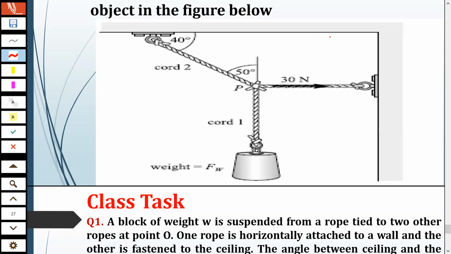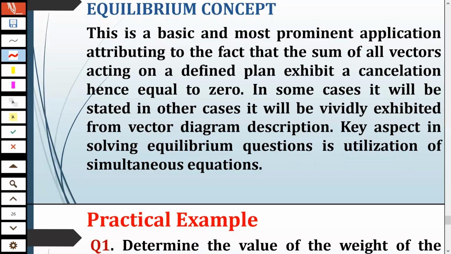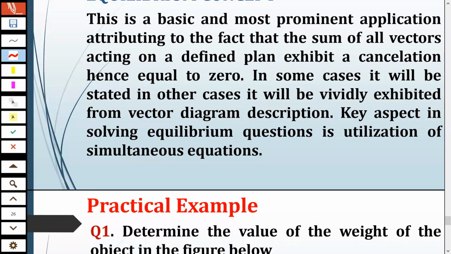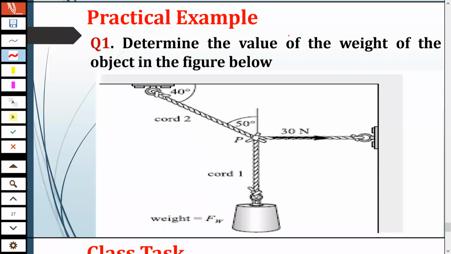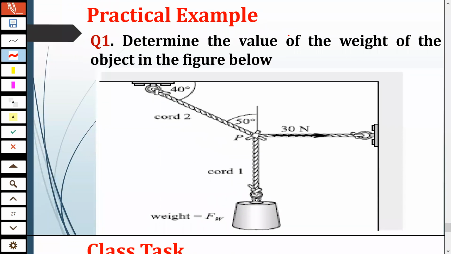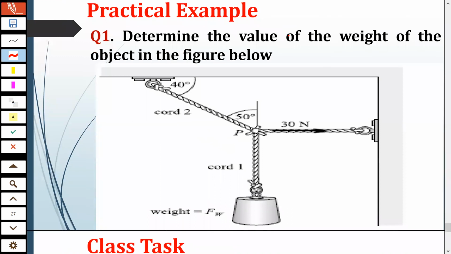Okay, so this is the question there. I don't know the question here, because they've just given us this object. Oh, the question is: determine the value of the weight of the object in the figure below. So we've been given that in this cable here, the tension is 30 newtons.